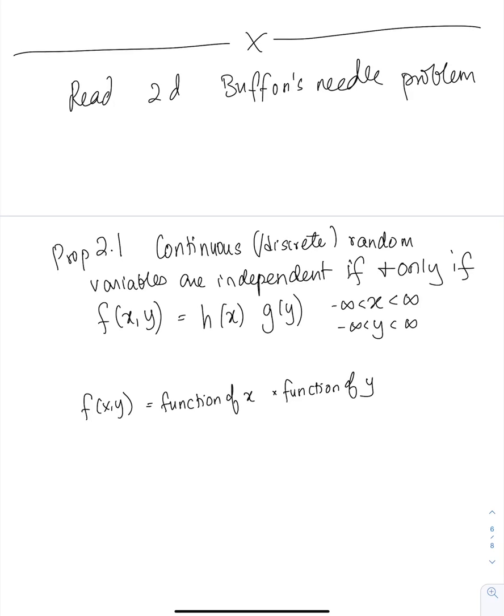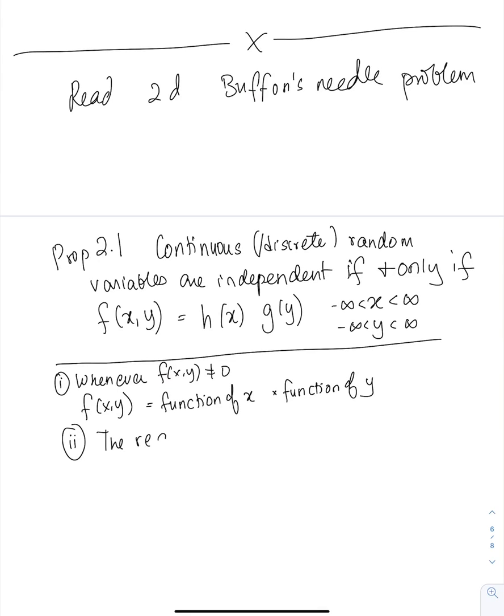All right. So whenever f of x, y is not equal to 0, you should have that f of x, y equals a function of x times a function of y. Okay. And number 2, the region where f of x, y is not equal to 0. What should that region be? It should be a rectangle.